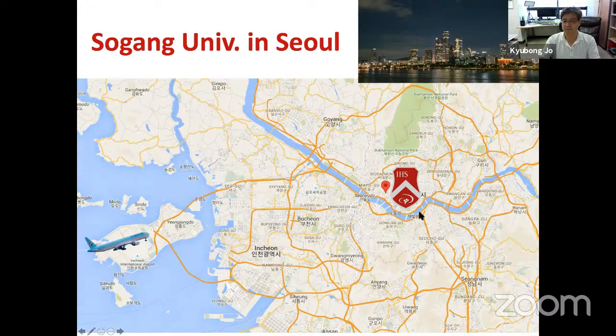Our school is located in the middle of here. Seoul has a highway system outside, which is a kind of boundary of Seoul. This picture I just took last week, and those are the buildings located on this small island. Anyhow, that's Seoul.